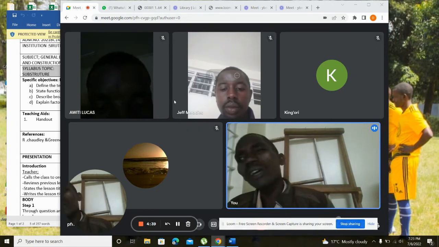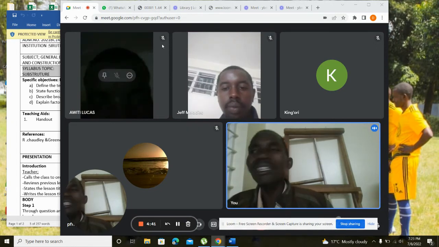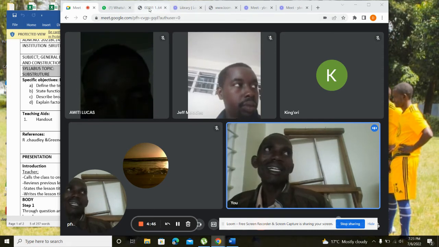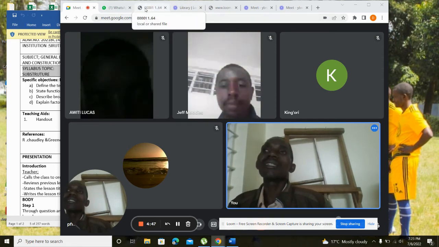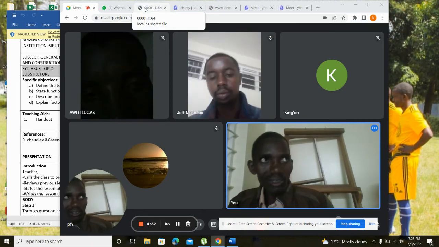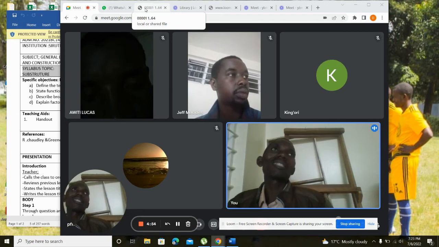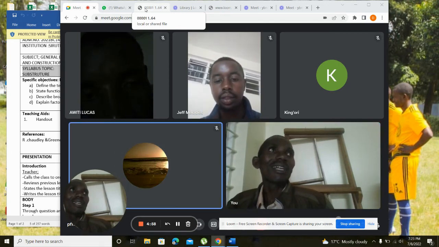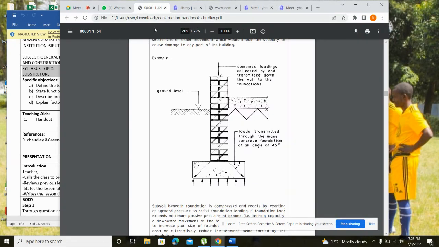So when I talk about the shallow foundation, that simply means that the depth of the foundation is less than the width. An example, we have the strip foundation that has been mentioned by the student there.